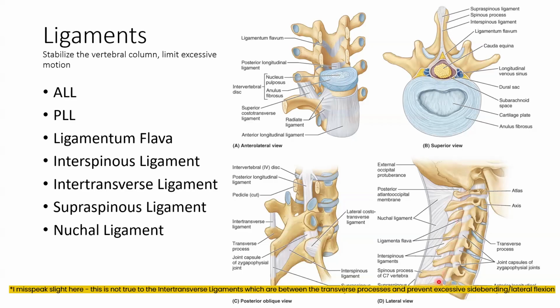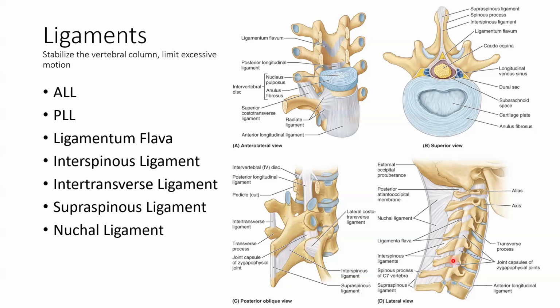Anything on the posterior elements of the spine is going to move farther apart and thus pull on those ligamentous structures in flexion. So those laminae move apart, the ligamentous structures become more taut, resisting excessive spinal flexion.